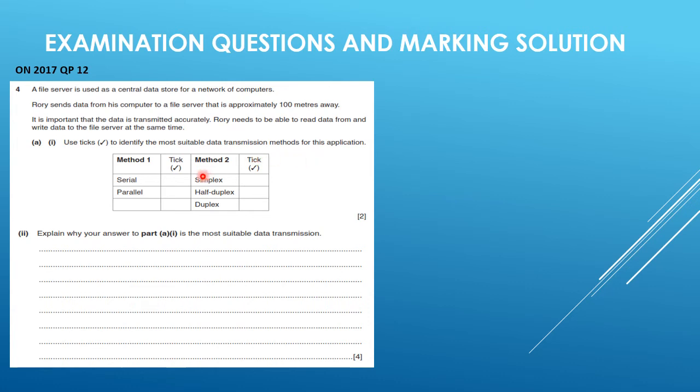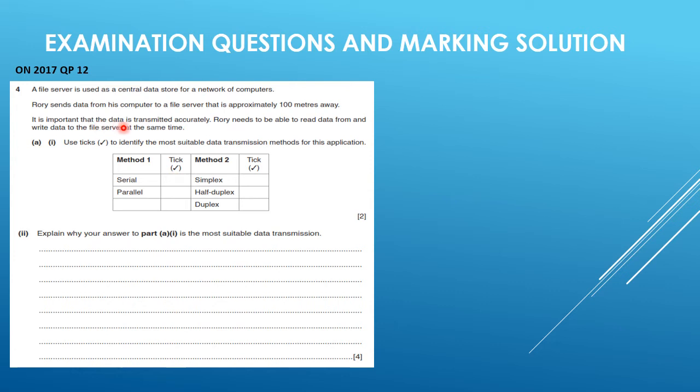So we need to analyze the question. Rory sends data from his computer to a file server that is approximately 100 meters away. 100 meters is a considerable distance, so it is a longer distance. In the method of communication, serial goes best for longer distance communication, so we will put a tick in serial.